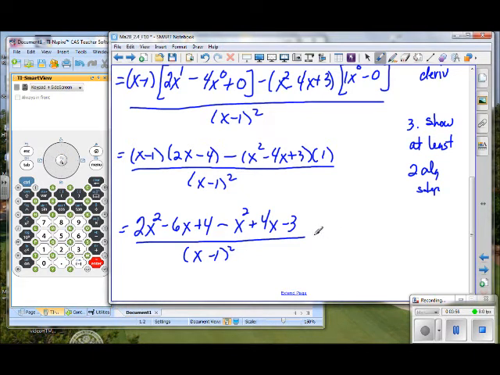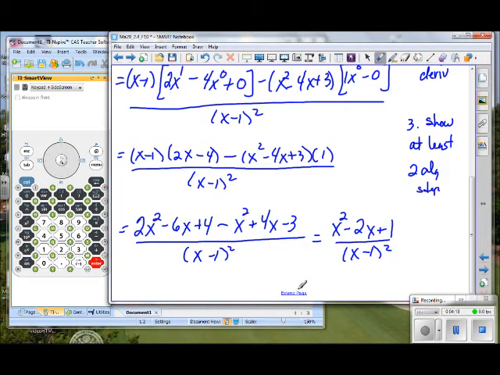We can collect some like terms, and I would expect you to do that. So 2x squared minus x squared is x squared. Negative 6x plus 4x is negative 2x, and 4 minus 3 is 1, divided by x minus 1 quantity squared.